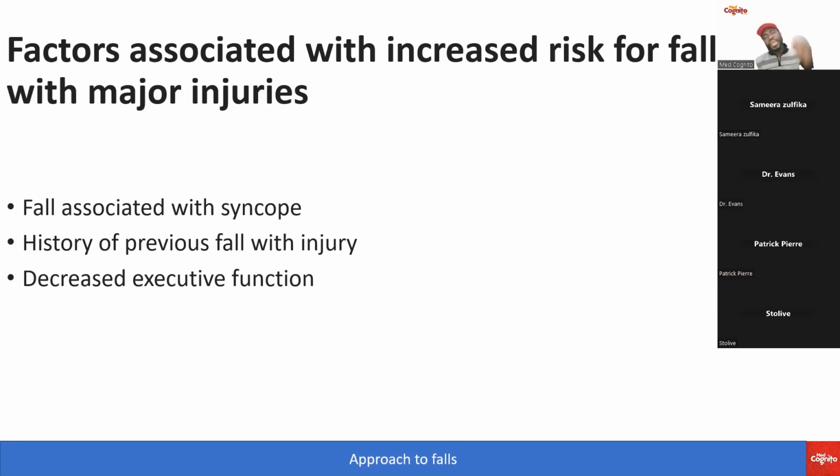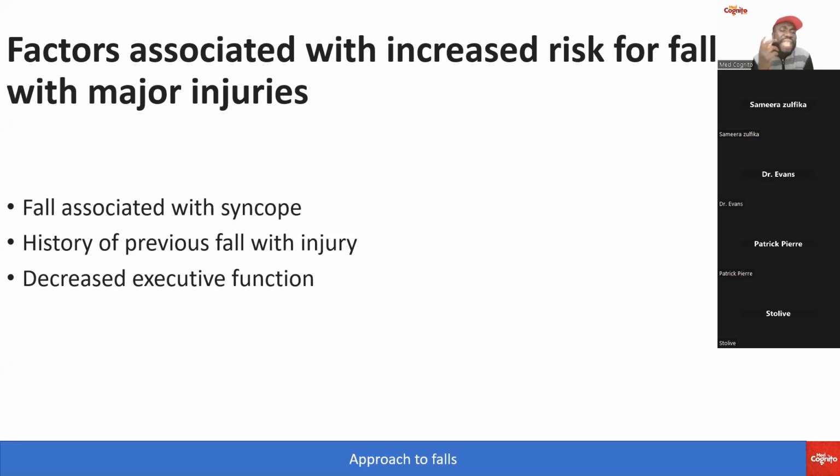Number one, if the patient has a fall associated with syncope, that's one of them. Number two, if the patient has a history of previous fall with injury. Remember that previous fall is one of the most important risk factors. But if the patient has had a previous fall and was injured, then that patient is at risk of developing a very severe injury with another fall.